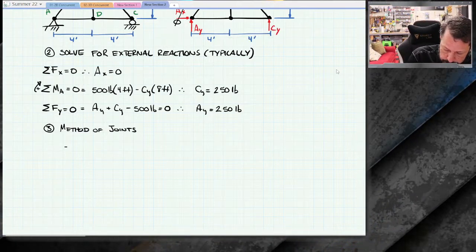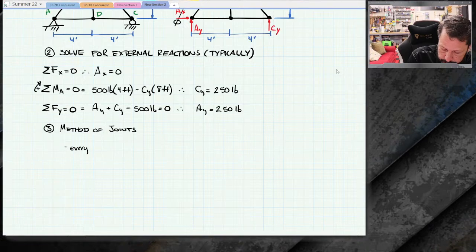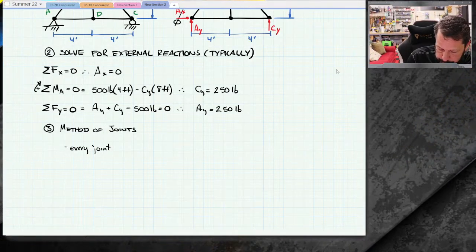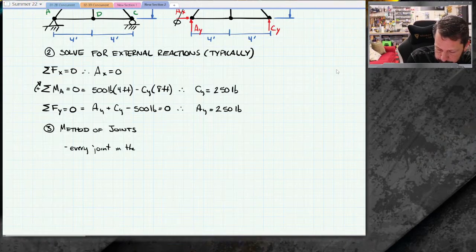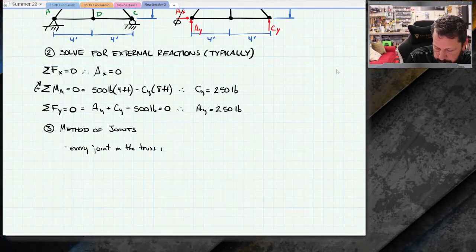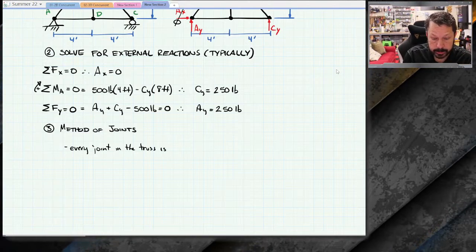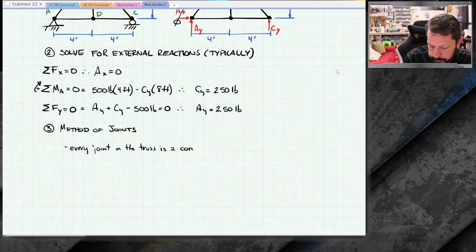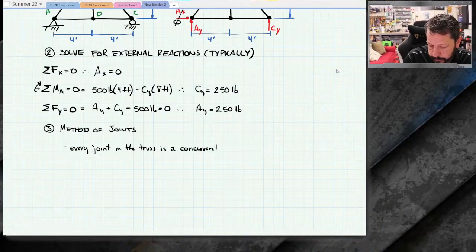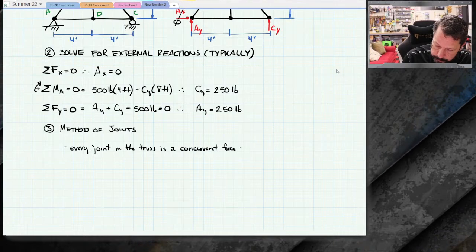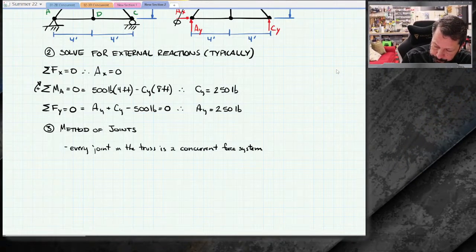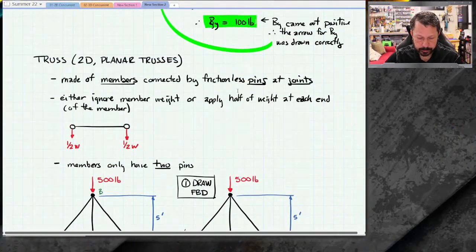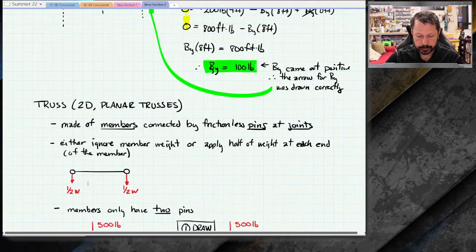So every joint in the truss, which is 2D in our case but could be 3D, is a concurrent force system. That's a result of all of these little assumptions we made earlier.